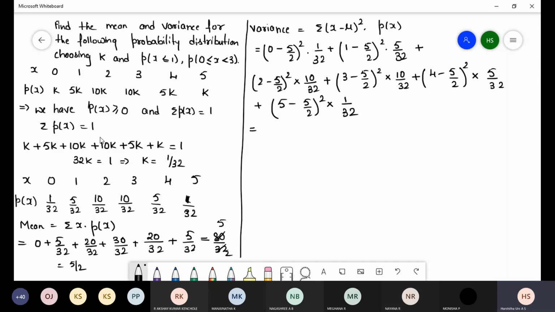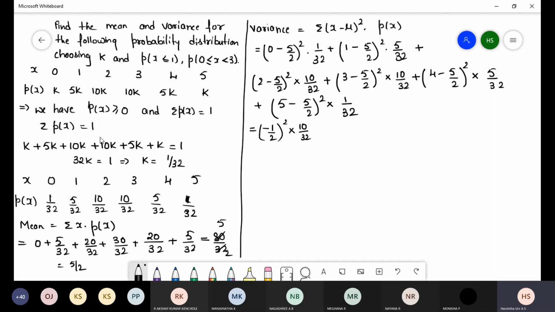So here we get, sorry, wait a minute, I made a mistake. The first term is minus 5 by 2 whole square into 1 by 32.